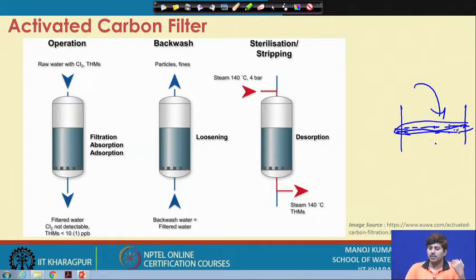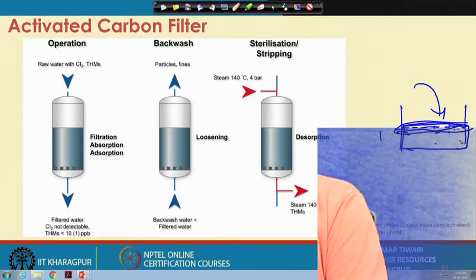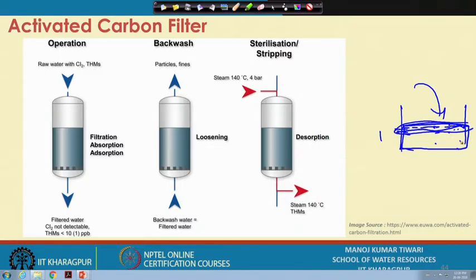So there are two options: either you change the adsorption media and put in a new one, or you regenerate it. So, how do we regenerate the sites on which the contaminants are trapped? We make the contaminant get released back into some solvent which we use for regeneration. For that purpose, backwashing or regeneration is done.